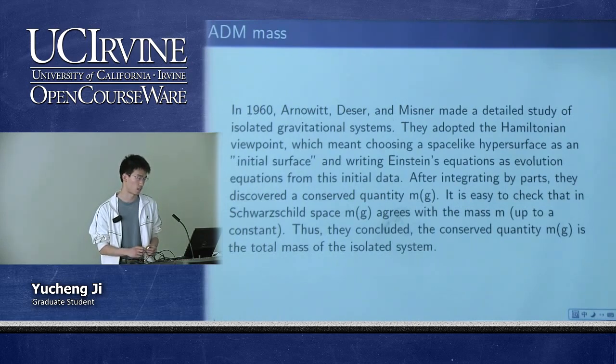It's easy to check that in Schwarzschild spacetime, m of g agrees with the mass m up to a constant, maybe 4 times m. So they concluded that the conserved quantity m of g is the total mass of the isolated system.